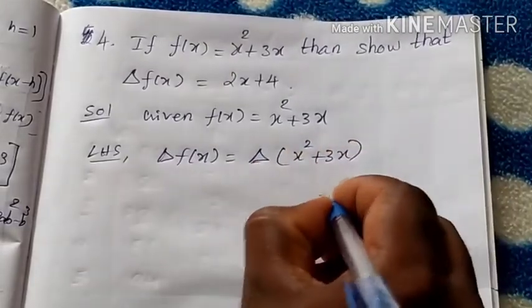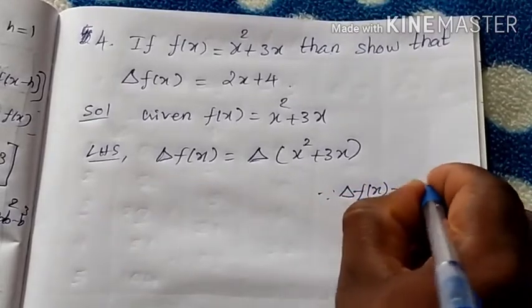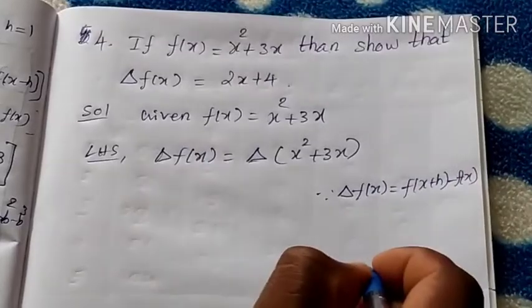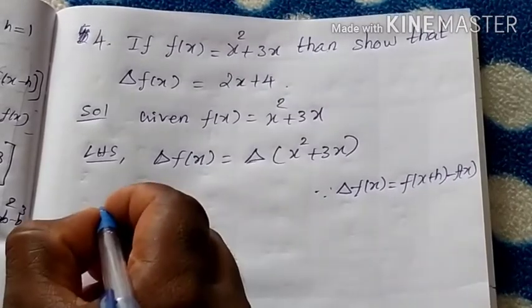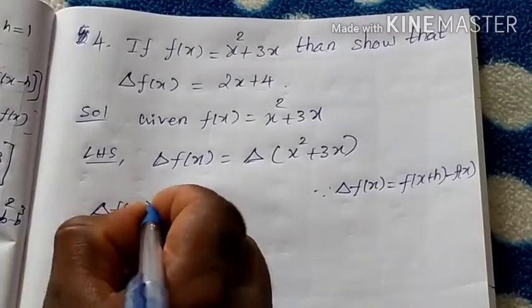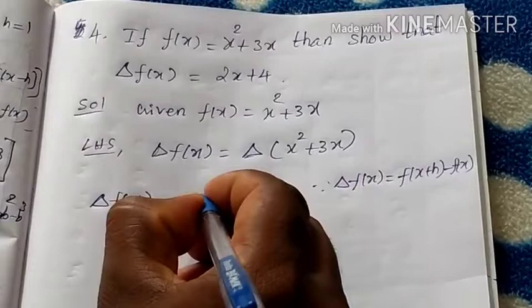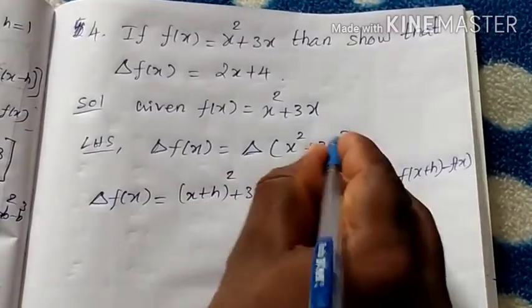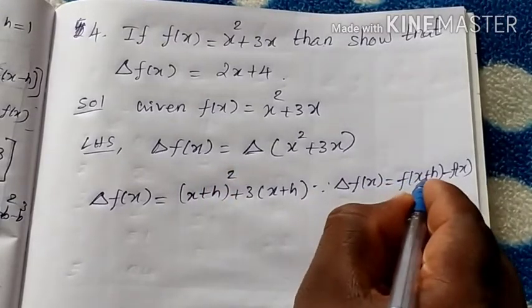Okay, what's your formula? Delta into f of x equal to f of x plus h minus f of x. This is your formula. Okay, apply here. Delta into f of x equal to x plus h the whole square plus 3 into x plus h, that is f of x plus h.